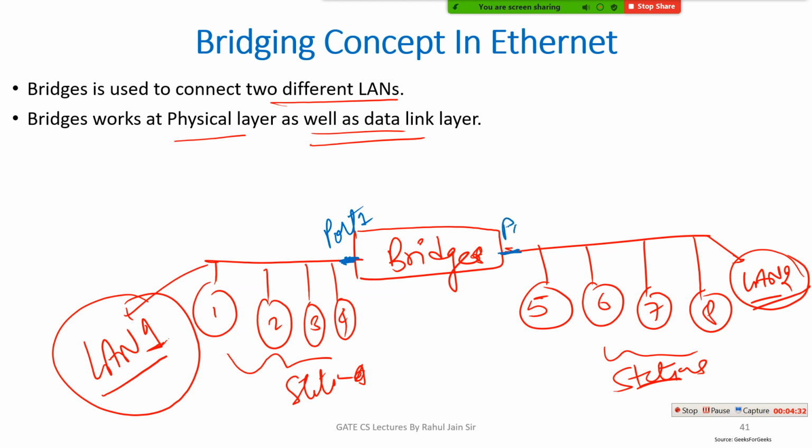This is also a port, suppose port 2, which connects the host machines 5, 6, 7, 8 with LAN 2. So this is the simple architecture of a bridge.